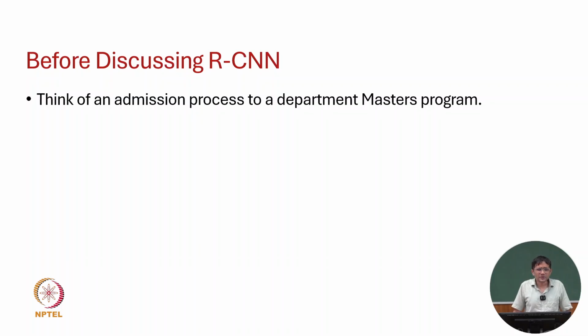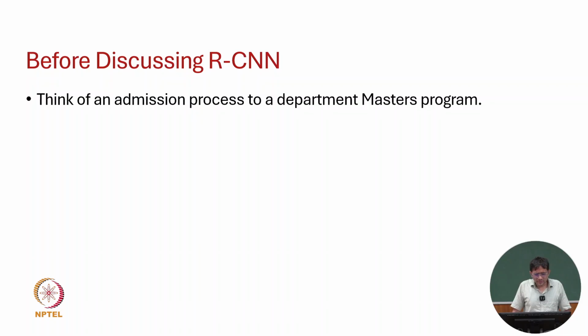My example probably goes better with an interview, and I also realized now that my example goes better with masters by research programs rather than just a master's program. For admission to such a masters by research program, often you are assigned to a particular research area at the admission itself.